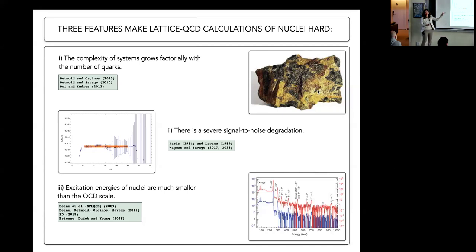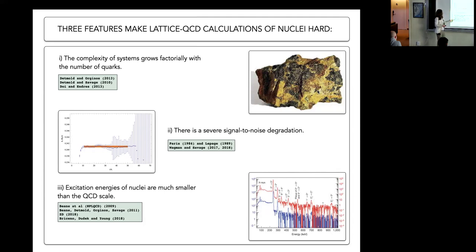So we have another exponential problem here. If you're trying to get the mass or the spectrum of these nuclei using these computations, then you have to have exponentially large sample sizes to be able to resolve the signal from the noise. And there's some interesting physics behind it, but I'm not going to go into that.